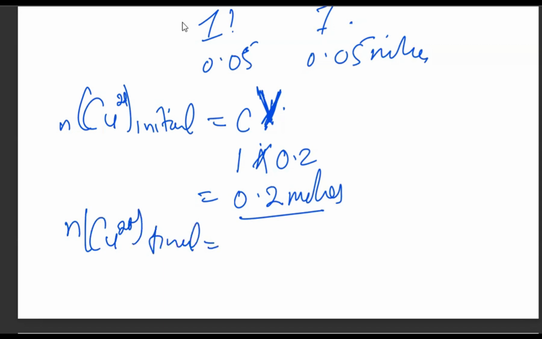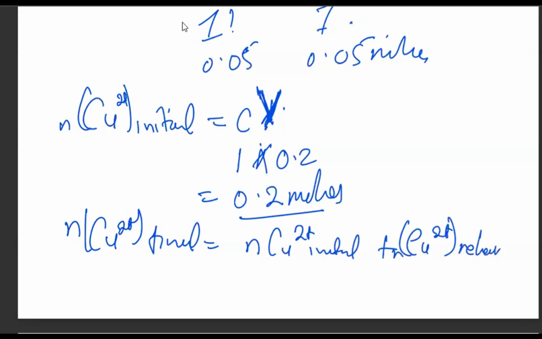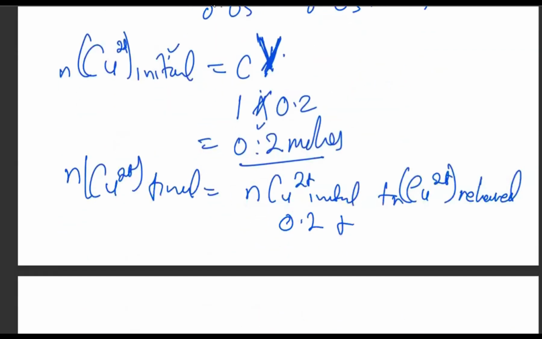It's going to be equal to the number of moles of copper 2 ions initially, which was there, plus the number of moles of copper 2 ions which was released. So now I know the number of moles of copper initially, which is this, 0.2, plus the number of moles of copper which was released, which is 0.05.